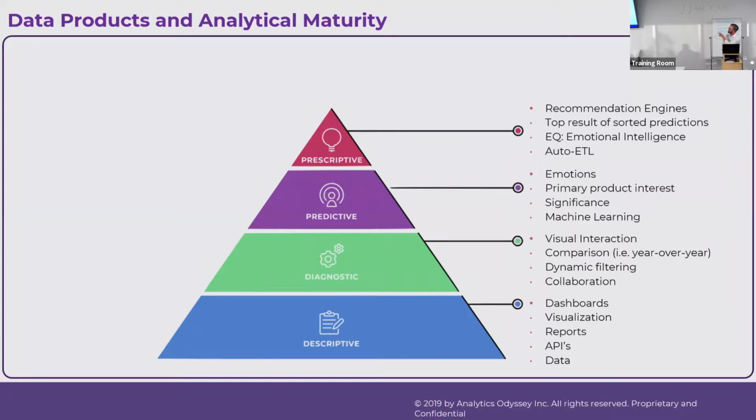But yes, this is the analytical maturity lifecycle from a data product perspective. And if you think of it from a product perspective, you think of the data that you collected and think, okay, every single data point, every single table has an opportunity to present itself in a maturity pyramid like this. I can build basic reports and raw data on it, but I can also build visualizations on it.